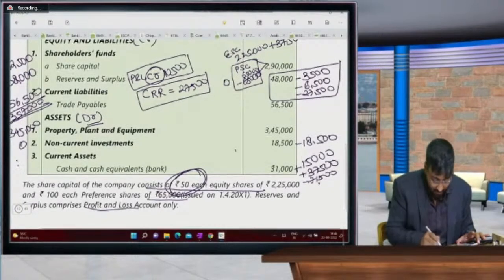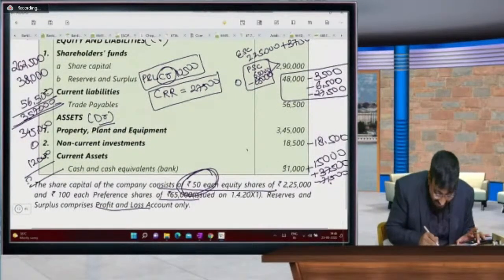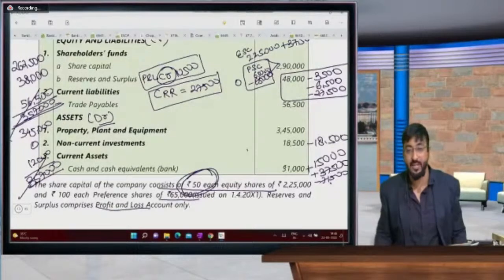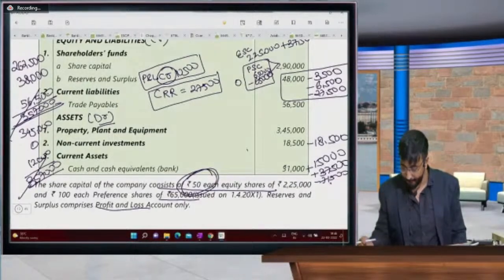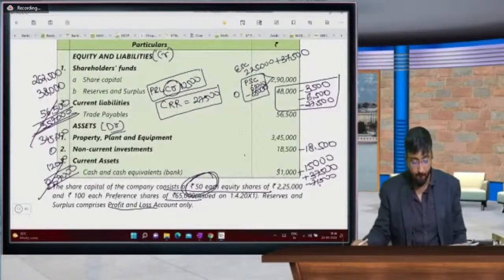So balance is 12,000 plus 3,45,000. Tallied. 357, 357. Tallied. Yes, sir. Yes, tallied.